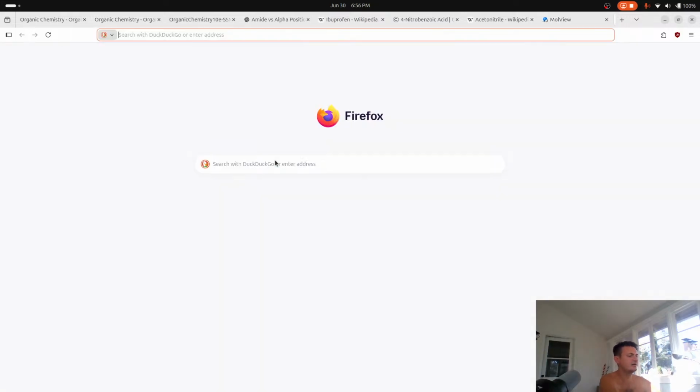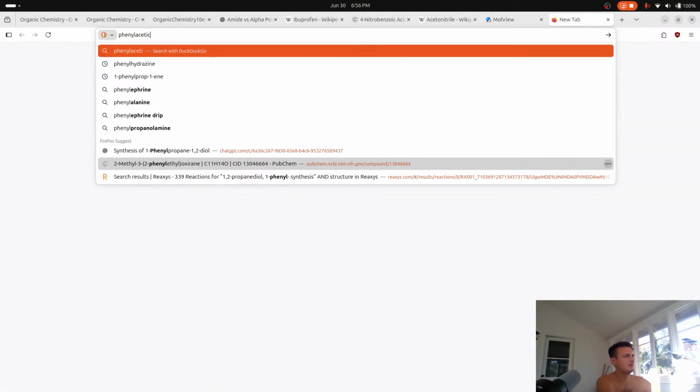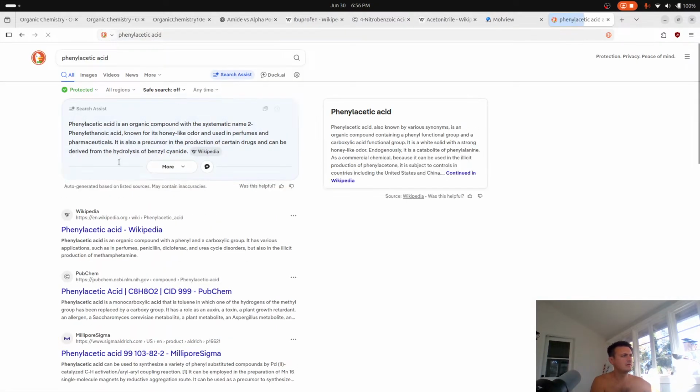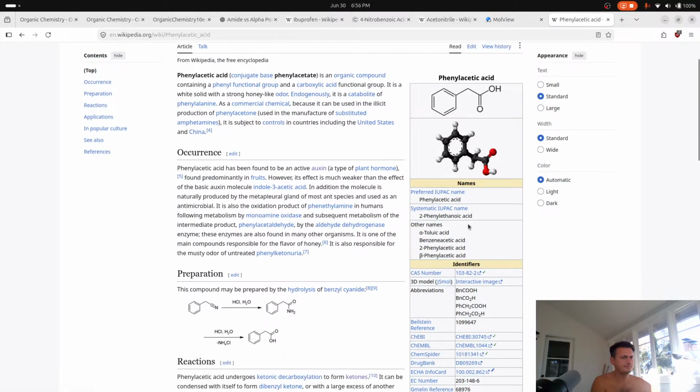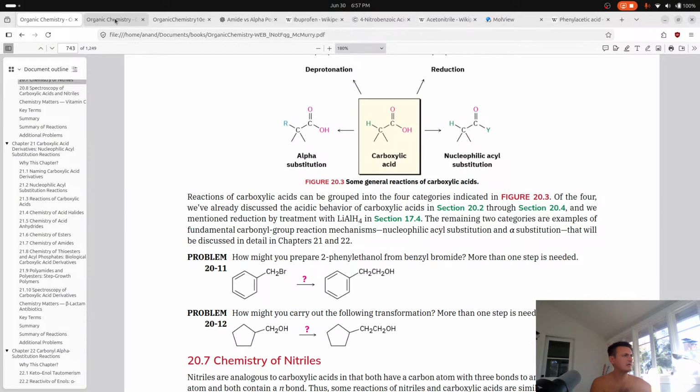Is that the IUPAC? 2-phenyl ethanoic acid. Okay, and then you reduce it with LAH. This seems like an insanely overpowered way to do this.